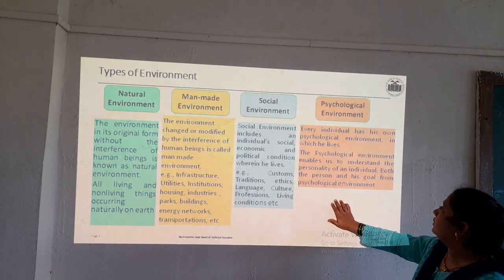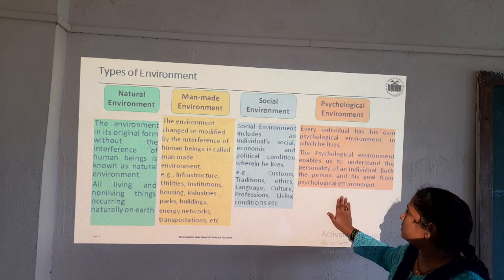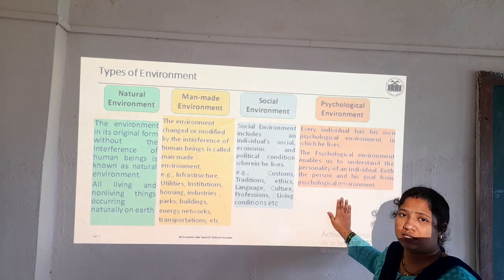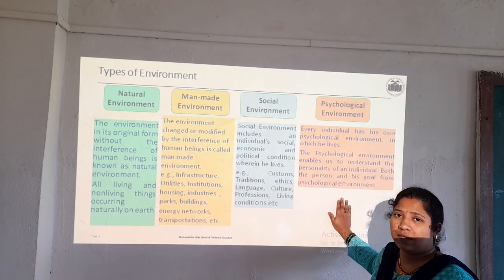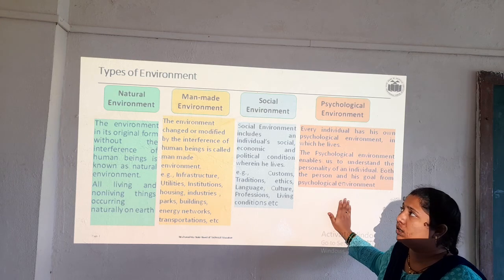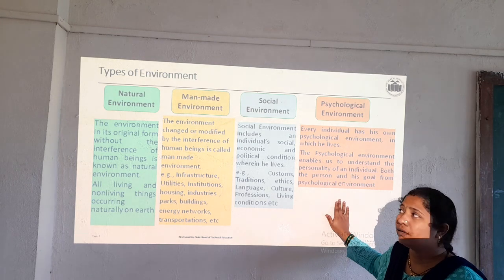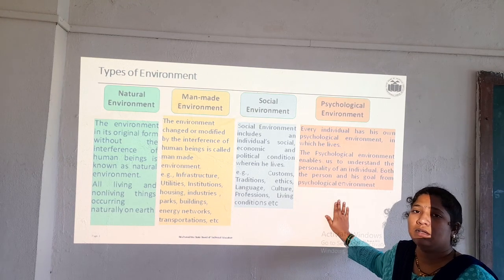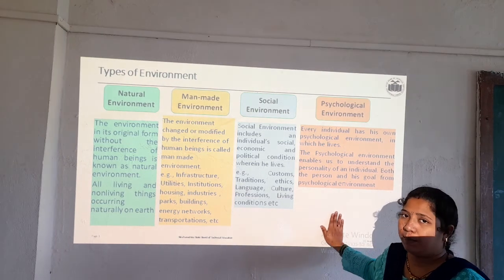For example, some person has his own psychology, and he lives with that psychology. From person to person, the psychological environment will change. So these are the types of environment: natural, man-made, social, and psychological.